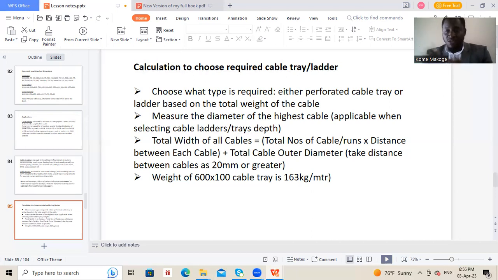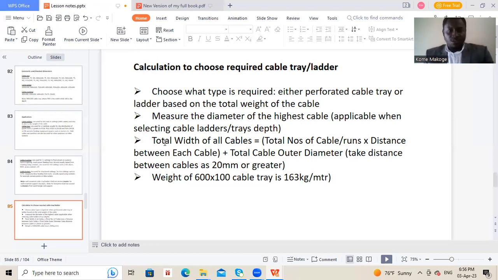This is very important when we are selecting the depth of the cable tray, which is the "by" I mentioned. For example, we have 900 by 100. The "by 100" is the height or depth of that cable tray, which will be determined based on the highest overall cross-sectional area of the cable.